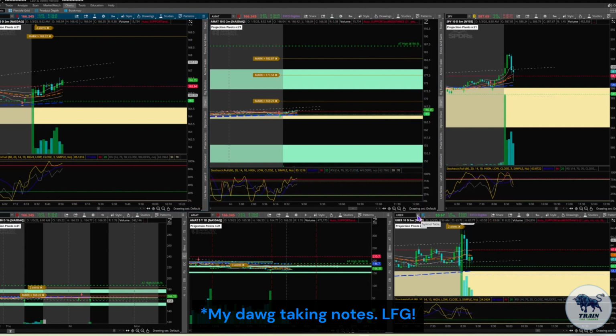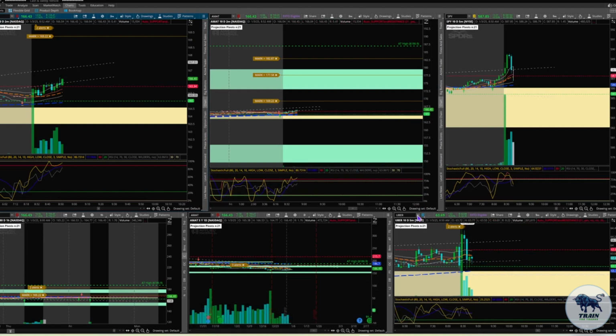And then the next one is covered calls. Covered calls are where you're putting up the shares that you own for the trade.